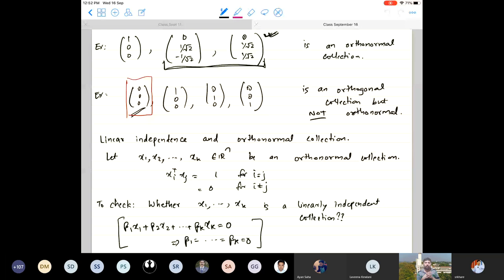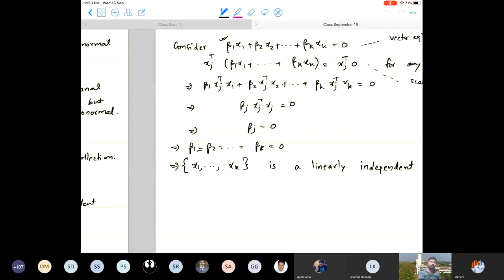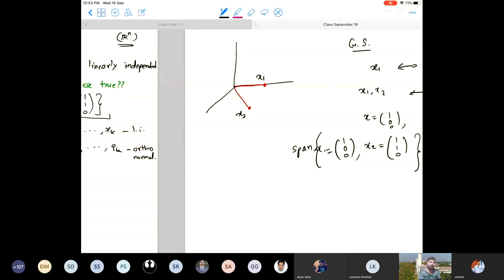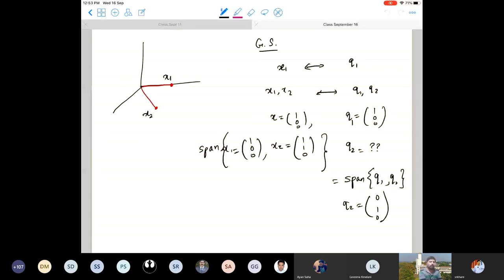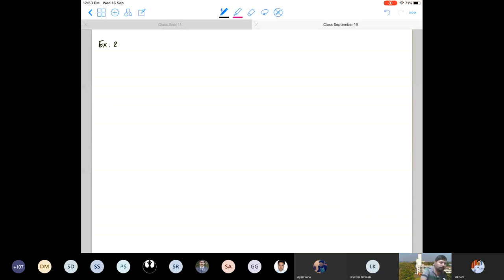Because see x1, x2, x3, what is the condition? How will you proceed with your algorithm? Suppose, in example 2, you take x1 equal to 1, 1, 1 and x2 equal to 1, 1, 0.